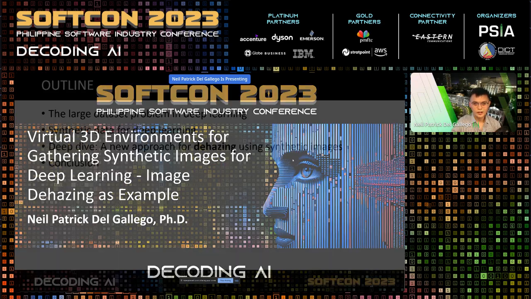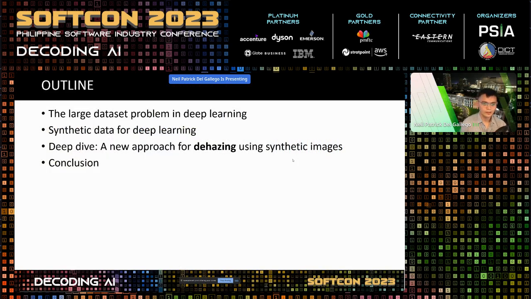Our outline for the talk will cover four major topics: the large data set problem in deep learning, how we can use synthetic data for deep learning, a deep dive into a specific application that I have researched on, which is dehazing, and then we proceed with the conclusion.